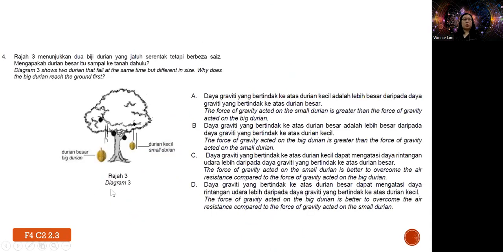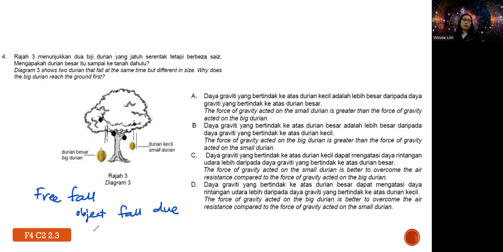Okay, chapter 2.3 regarding free fall motion. Diagram 3 shows two durians that fall at the same time, but different in size. Why does the big durian reach the ground first? Okay, so if you know the concept regarding free fall, it means the object falls due to what?